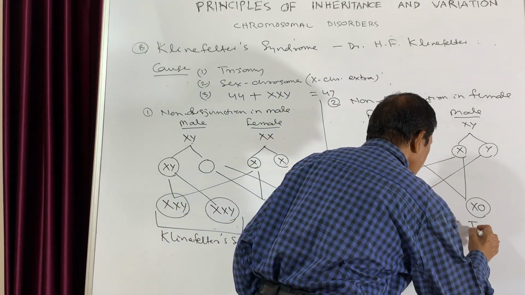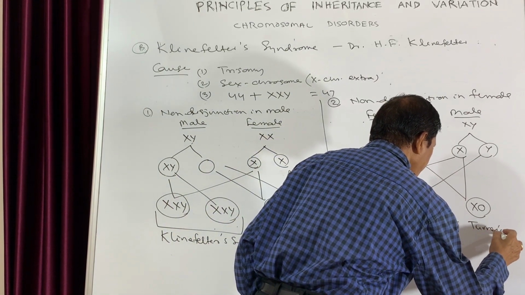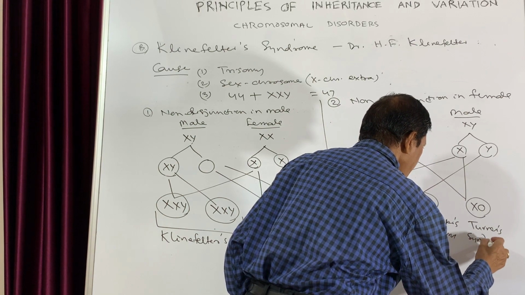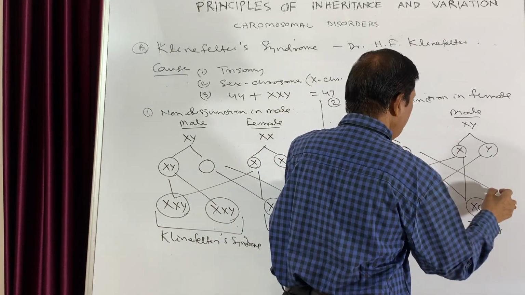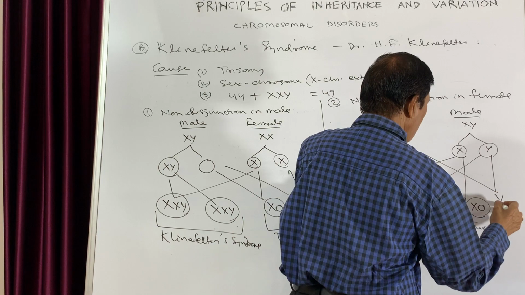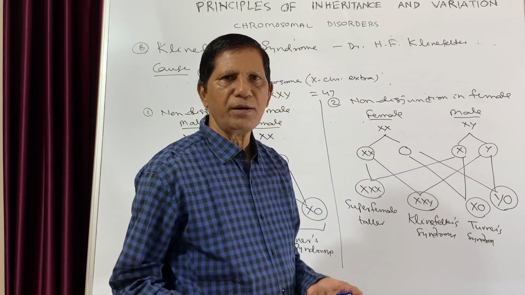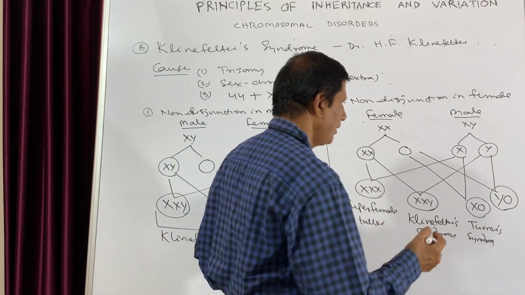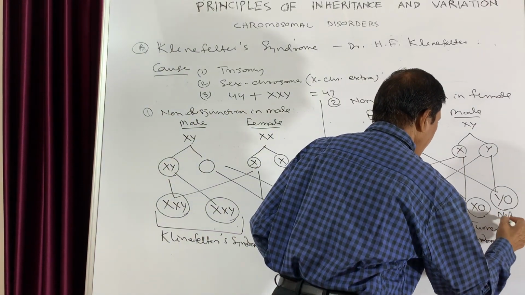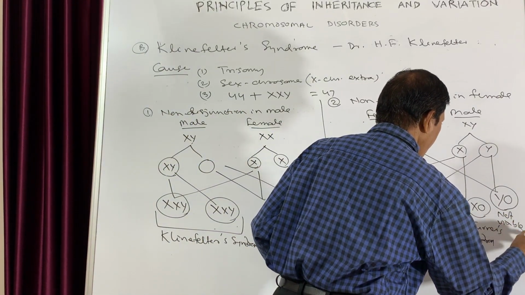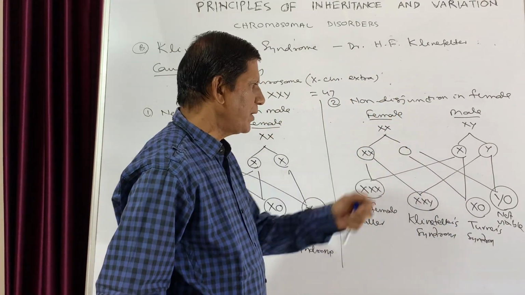This is Turner syndrome. And if this fuses with Y, it will be YO. But this is not viable, because there is no X chromosome.